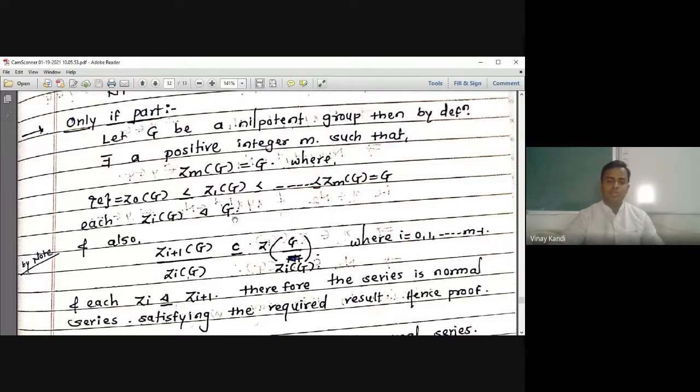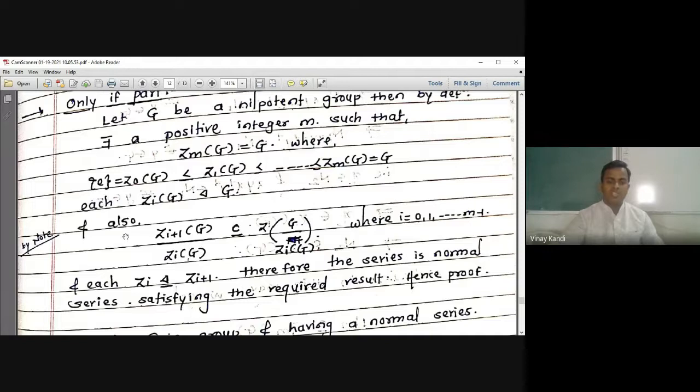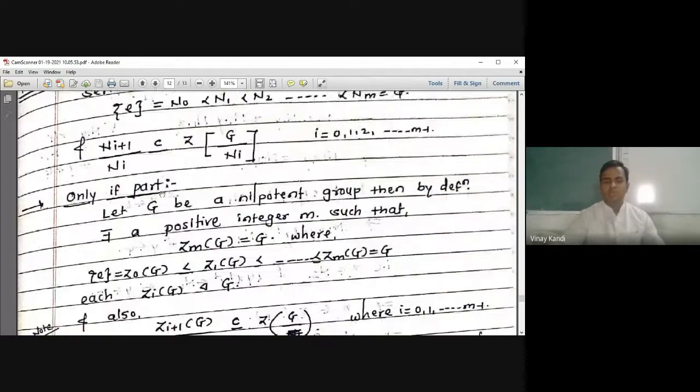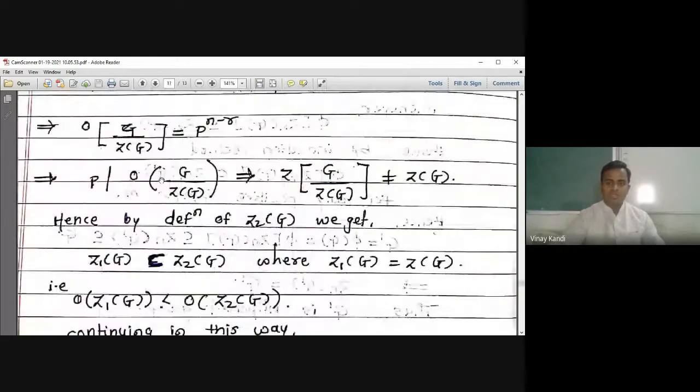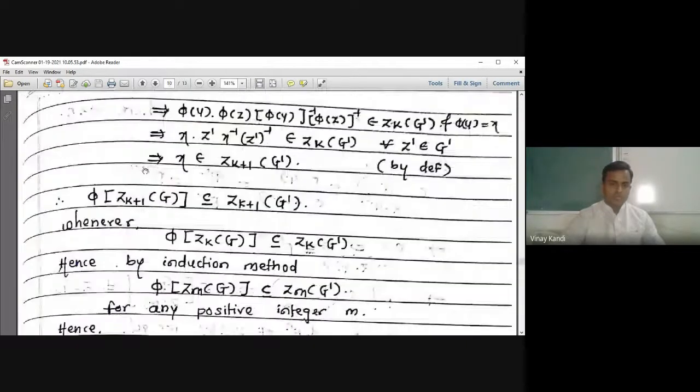And also we have, in the previous lecture, note number three, look at here, Zi plus 1 of G upon Zi of G is contained in Z of G upon Zi of G, with i running from 0 to m minus 1. Right, this note, we saw in the previous lecture.